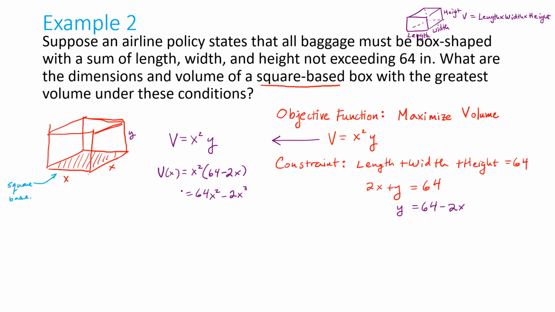Another thing you guys might want to think about is what restrictions we have for x. Because x here could not be any real number. There is some restriction on what x could be. So not only is our constraint equation important to consider here, but we also know that x should be a positive value and y should be a positive value if we're talking about these being dimensions of this box, right? If y is a positive value, then 64 minus 2x should be a positive value.